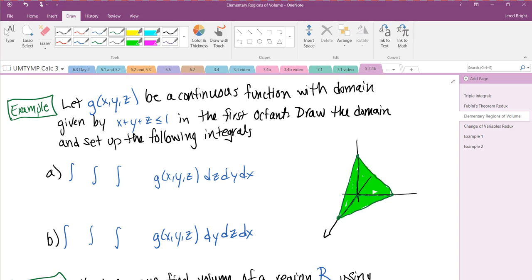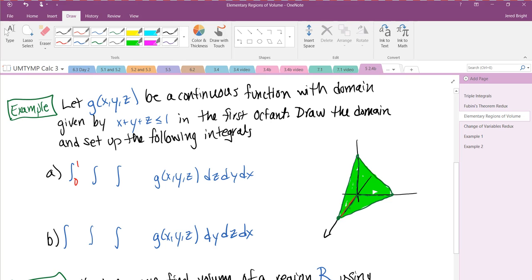So let's start backwards in our integration. If we're doing X as the last one, so this is an elementary region. It's certainly not a box, but it's fine. We can try and set this up using elementary region. So X is going to go from 0 to 1, because we have to do that.